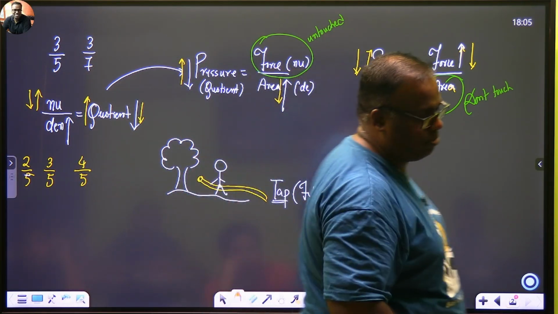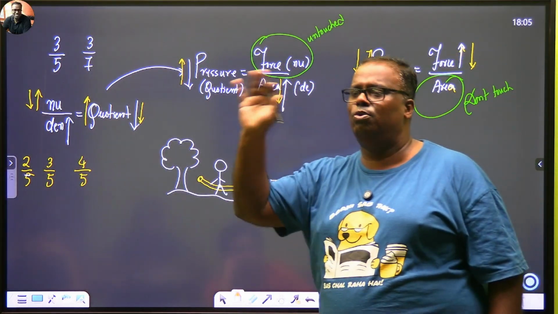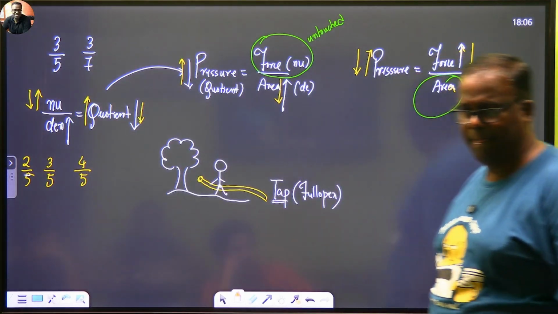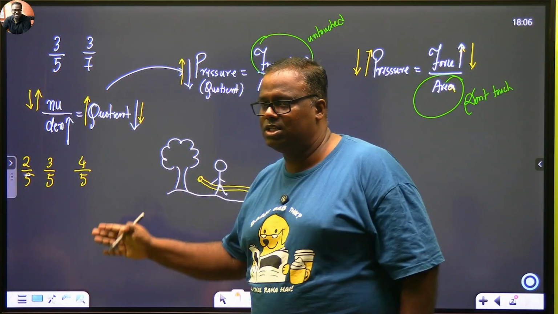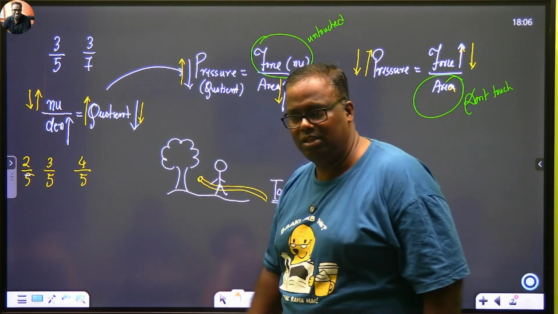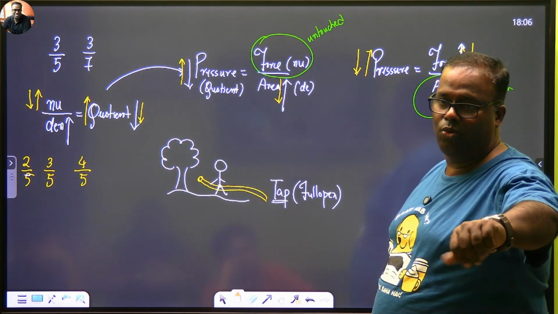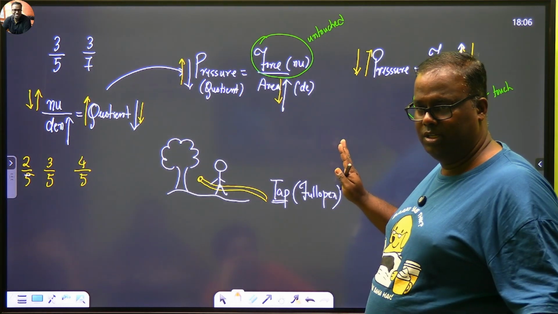That means I have frozen the numerator, fully open. But the issue is that despite the tap being fully open, which means the water is coming with its maximum force, the water gushing out of the pipe is unable to reach the plant. He's unable to water the plants. He has fully opened the tap.